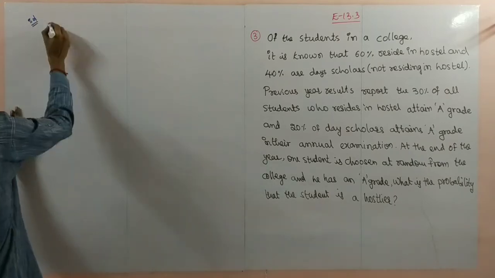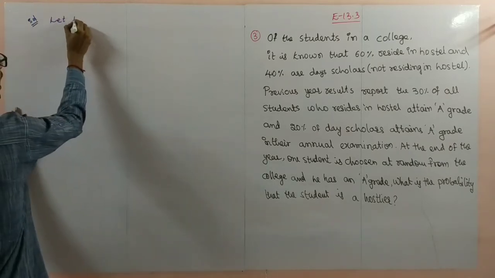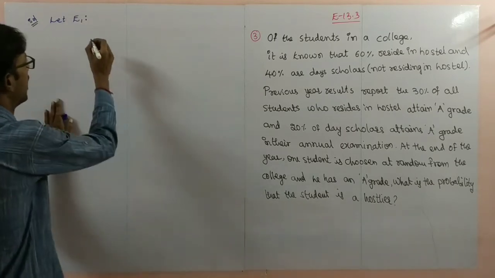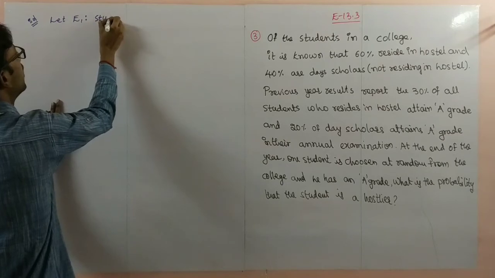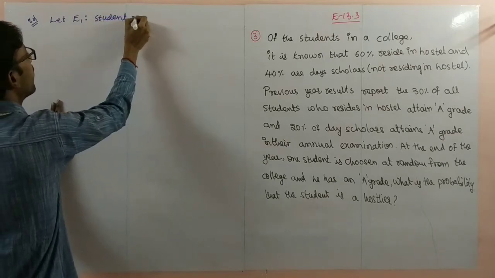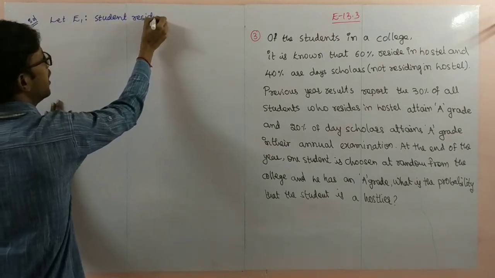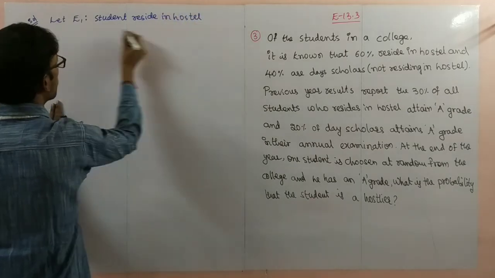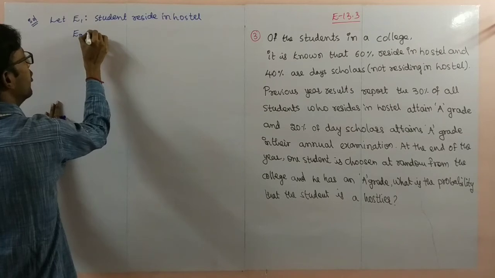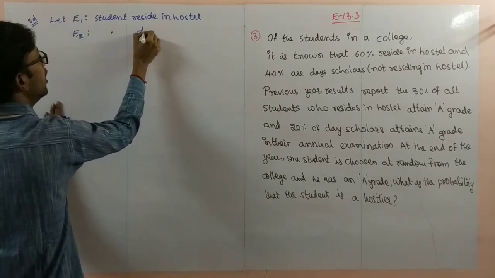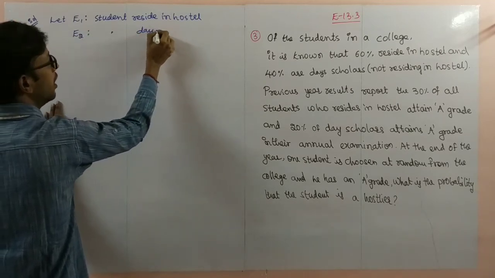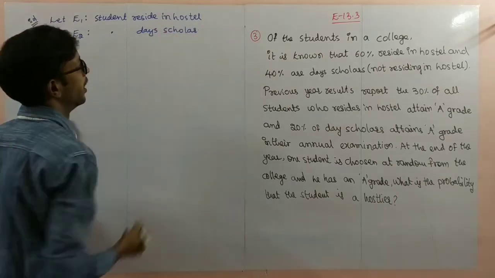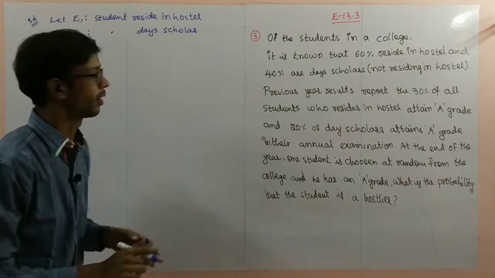First of all, I'll take the events. Let E1 be the event that the student resides in hostel. E2 be the event that the student is a day scholar, that is nothing but not a hostel person.